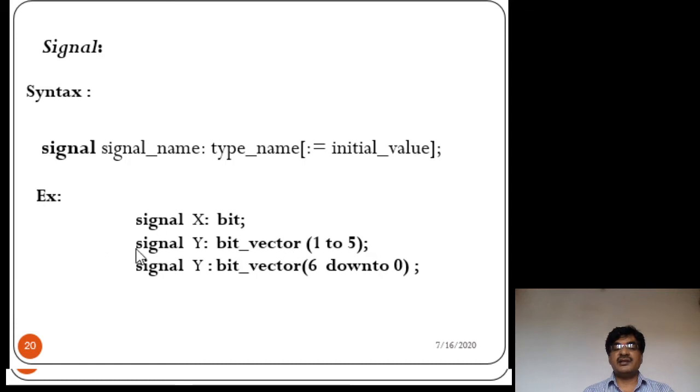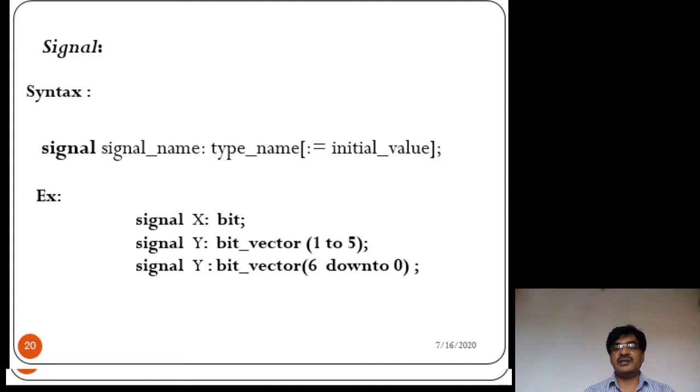But coming to the second declaration, signal Y colon bit vector of 1 to 5. That means Y is an object of class signal, but Y is declared as an array. Array with how many locations? 5 locations. 1 to 5 means 5 locations. Each location can accept what type of data? Bit type of data. Here Y can accept more than 1 bit.